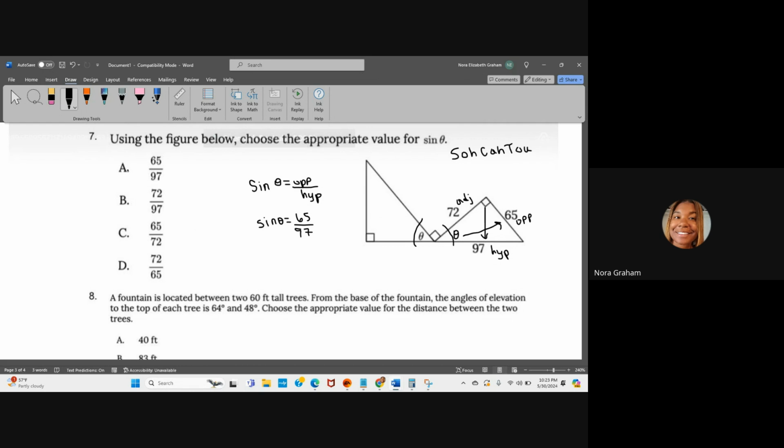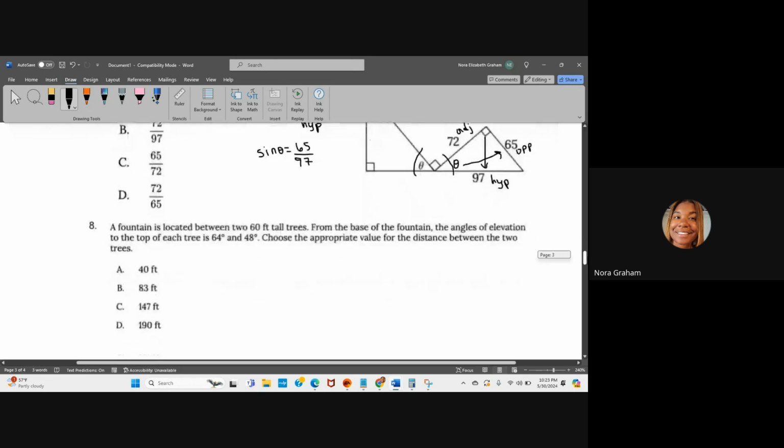So our answer for this one is going to be A. If you have any questions on how I got that or need more explanation, leave a comment and I will be happy to help you more.